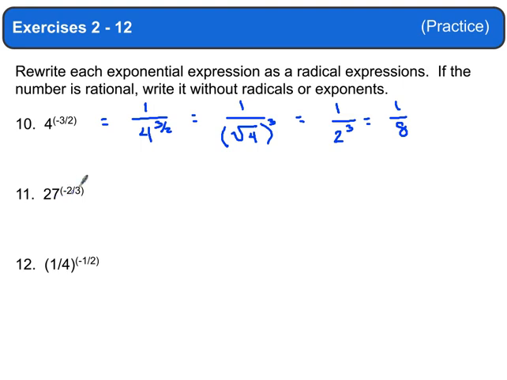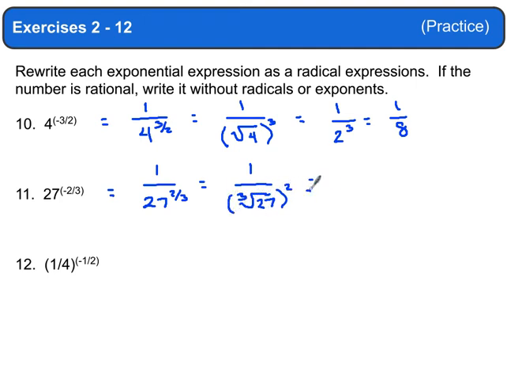Same thing with this one here. It is currently a negative exponent, so we're going to move it to the denominator. That makes my exponent positive. So again, we're going to rewrite this. This is going to be the cube root of 27. Because I know the cube root of 27, I'm going to leave my 2 on the outside and take this cube root.